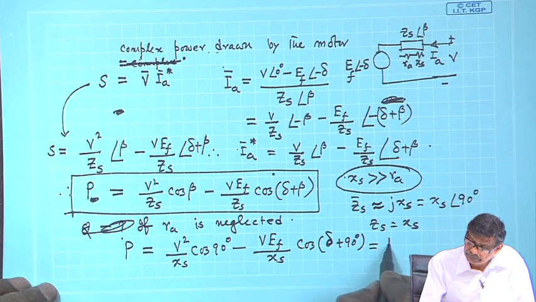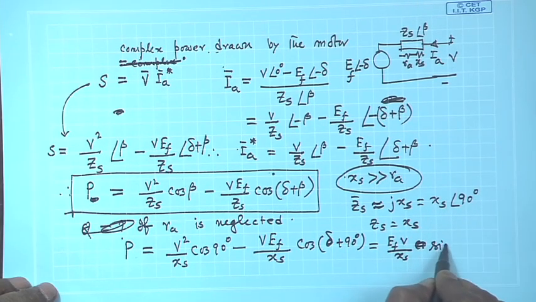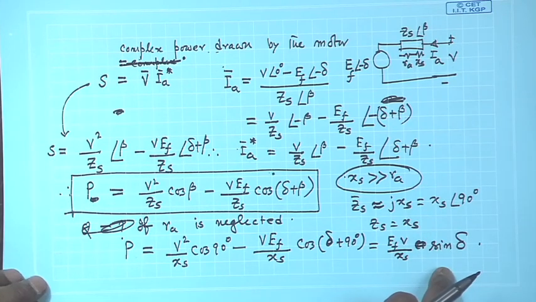So, this will become EF V by X s into sin delta. Got the point.